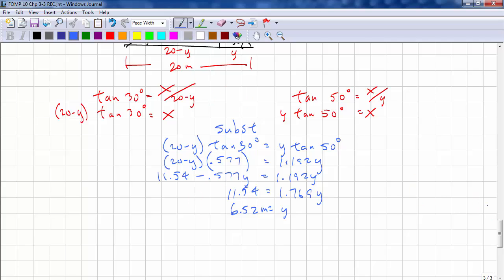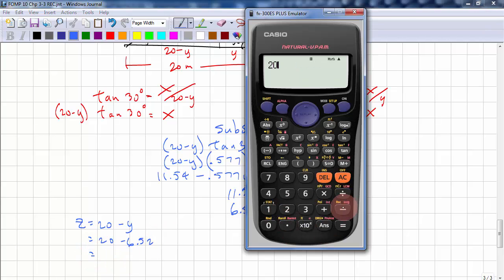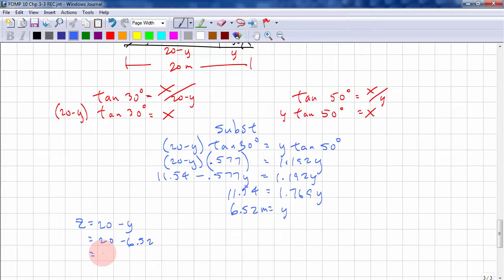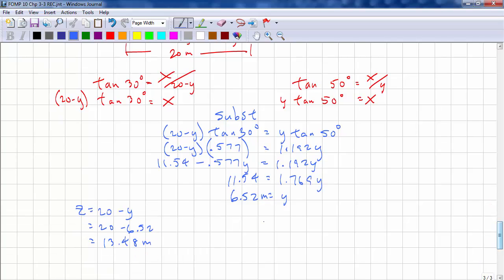Okay, now we can calculate these two lengths. Z equals 20 minus y equals 20 minus 6.52 equals 13.48 meters. So x, we already have a formula for x.